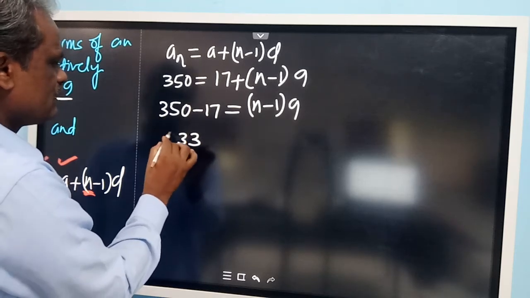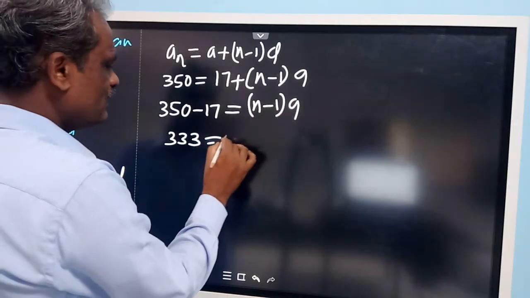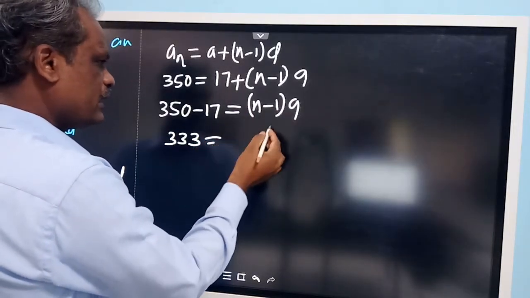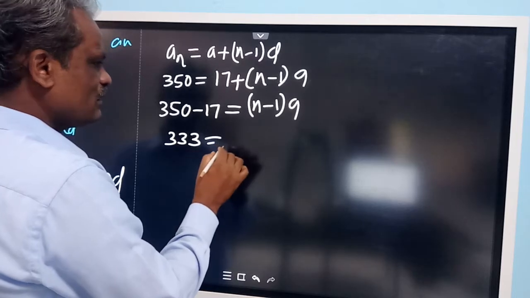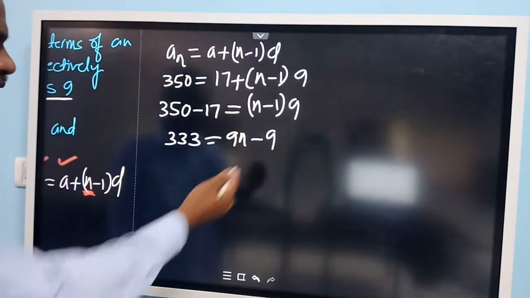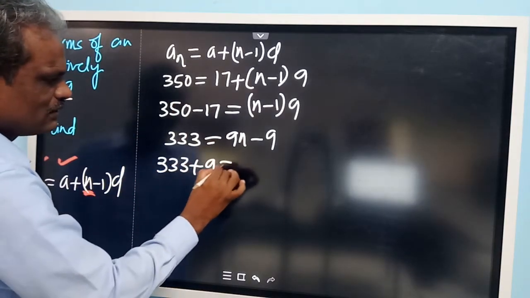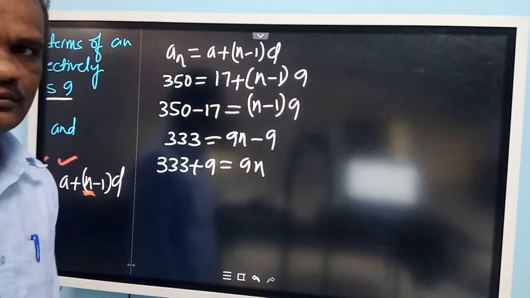So 333 is equal to 9 into n minus 1, or otherwise you can multiply the 9 inside. Transfer the 9 to the left side again: 333 plus 9 is equal to 9n.